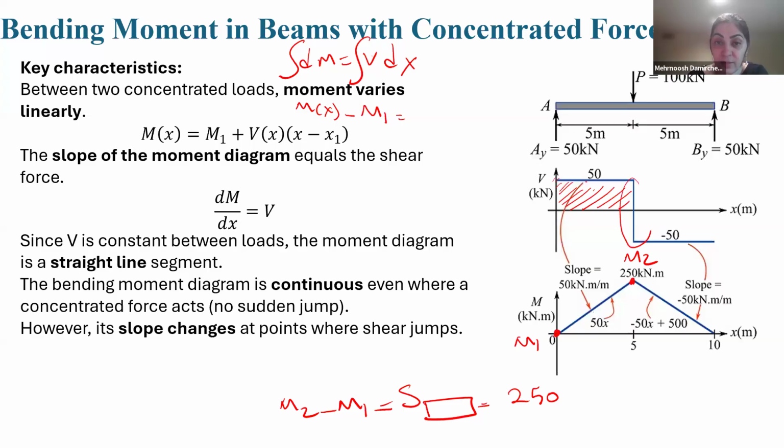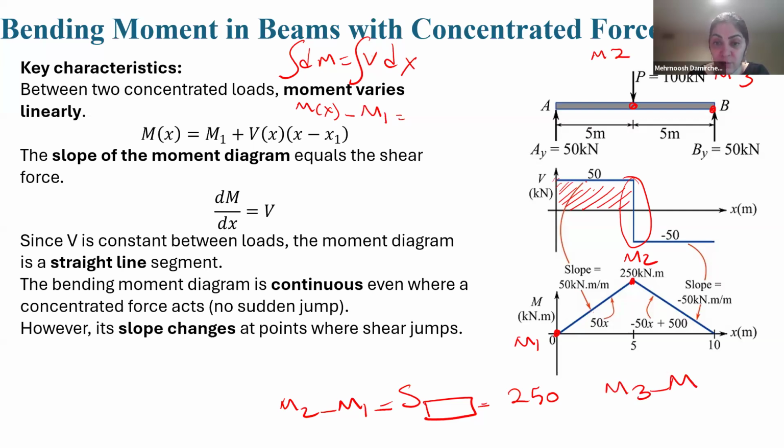We only have discontinuity in shear force, not bending moment. But the moment here should be 0. We expect 0 here. If we don't know that the moment here is 0, we consider the moment here M3 and the moment here is M2.